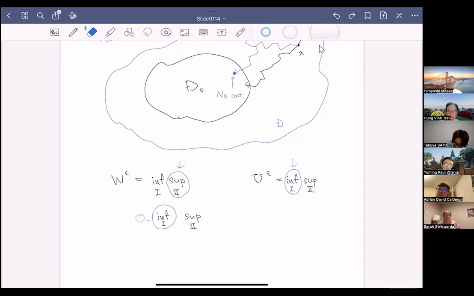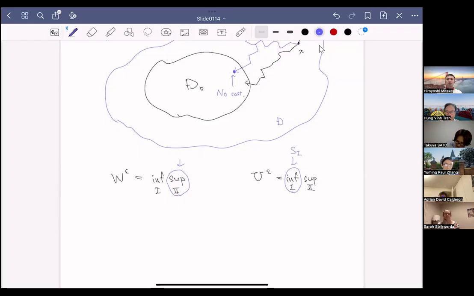Sorry, how to explain? We fix the strategy S1, which attains this infimum, and second, we fix strategies S1 and S2, which satisfy this supremum.